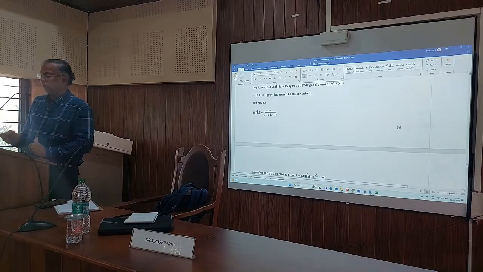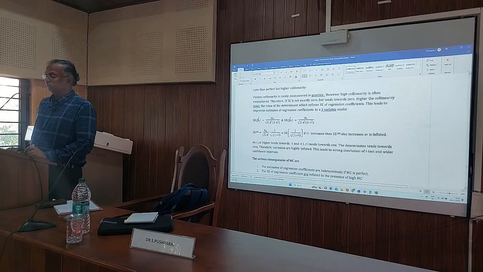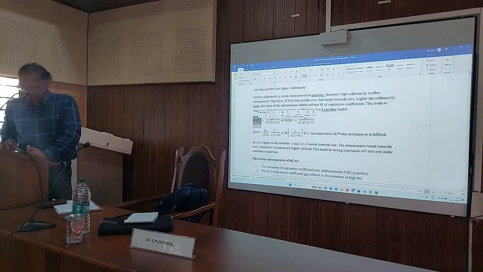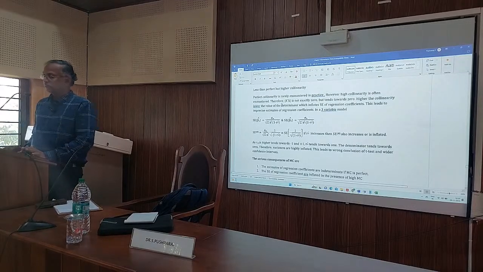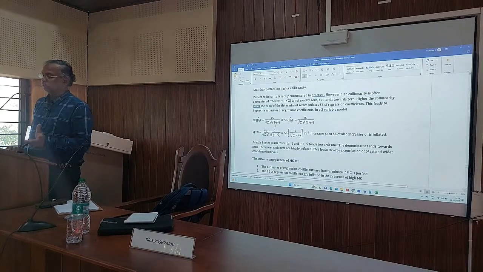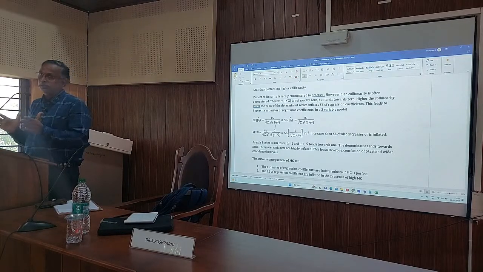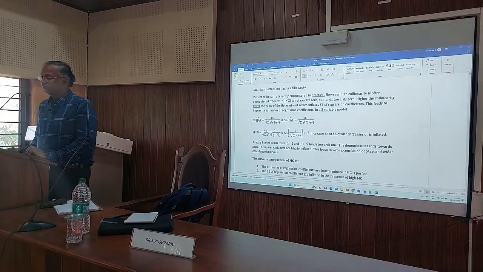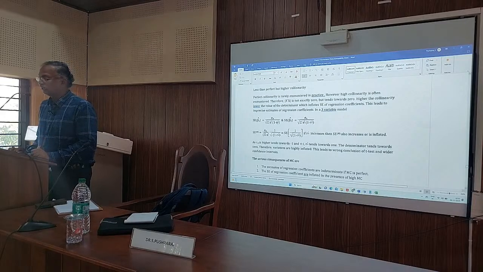Otherwise, if they are correlated in varying degree, it will influence the standard error. Actually, this is the standard error, and this term is very important. If there is a correlation between two independent variables, here in this case a 3 variable model, so one dependent and 2 independent variables, the standard error is directly proportional to the correlation measure.